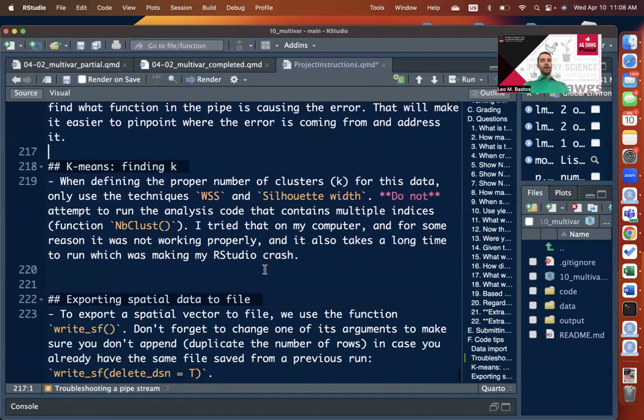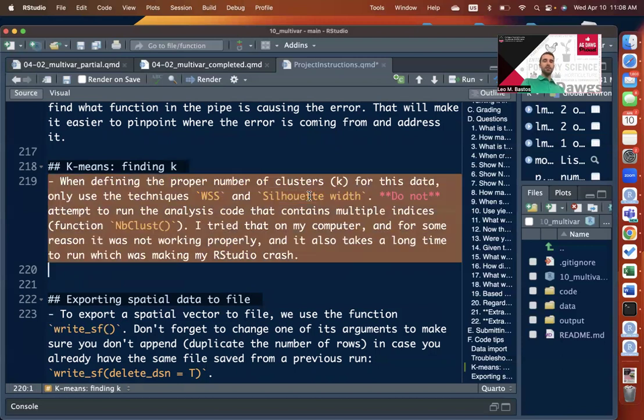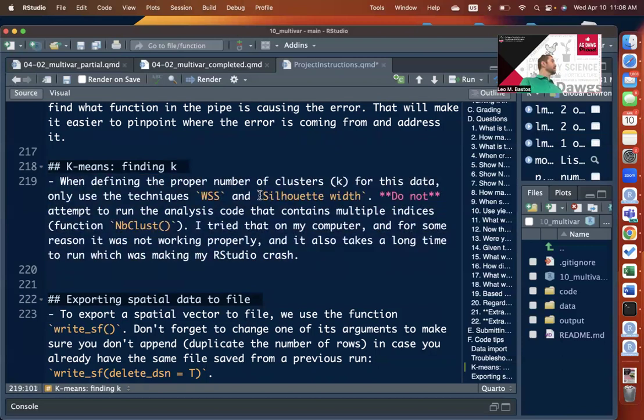All right, k-means, you're going to need to create zones, so you're going to be running k-means. I will recommend that when you're determining the number of clusters, you use the within sum of squares and the silhouette width techniques to determine that number.